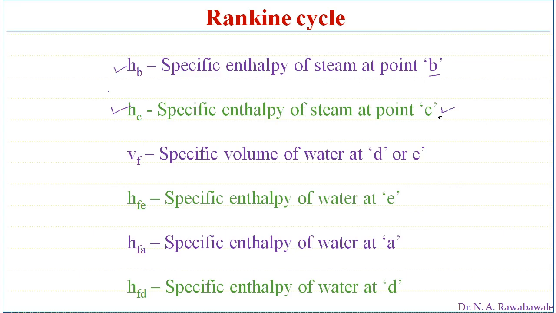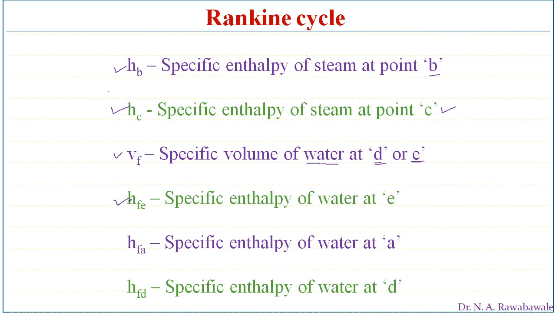So after expansion, whatever enthalpy remains with the steam is represented by HC. And VF is the specific volume of water at D or E. Specific volume of water is going to be very similar because it has a very low specific volume when it is in the form of liquid. So at point D or E, the specific volume of water remains approximately the same.